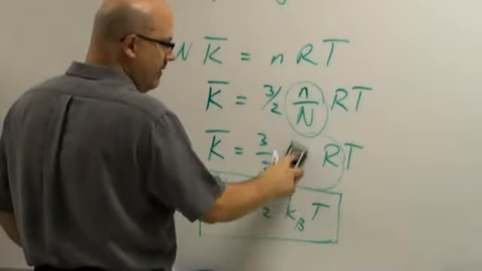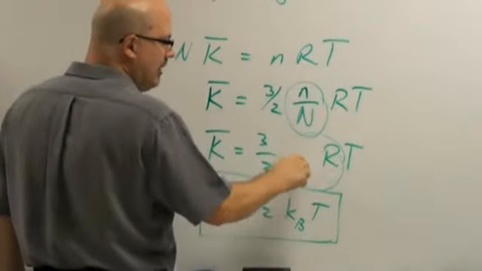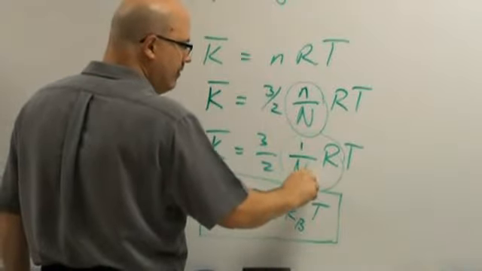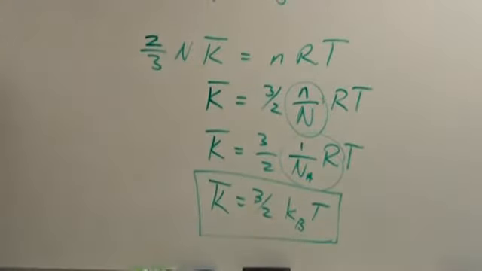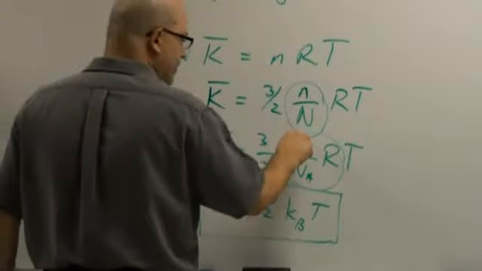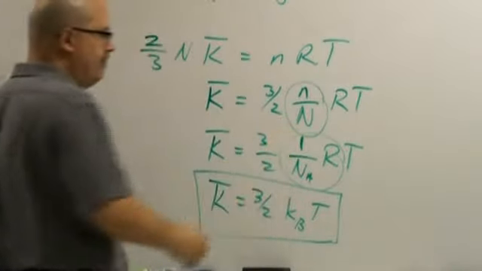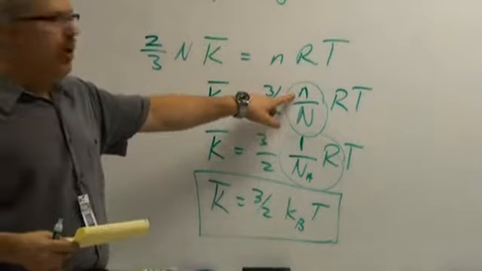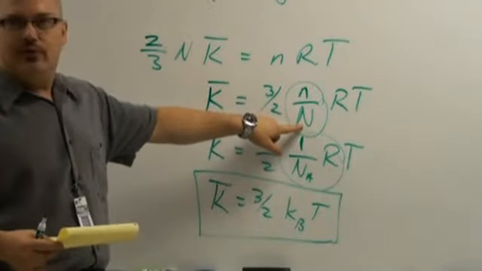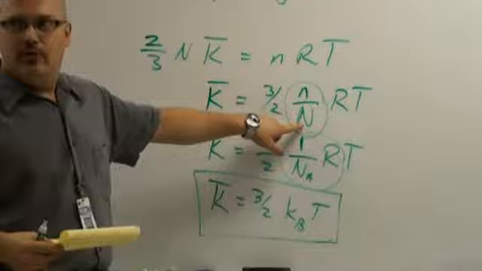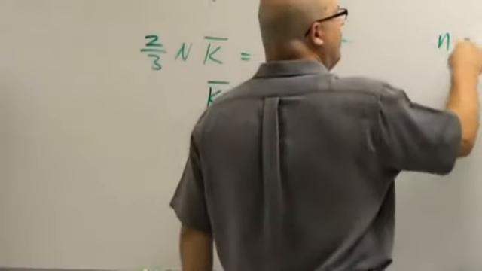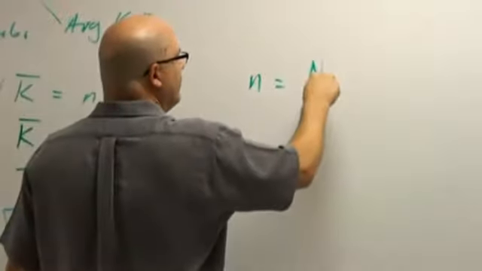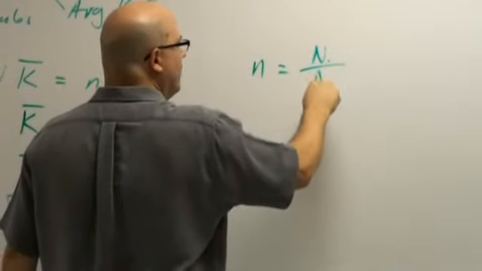Wait a minute, I got something messed up. This is not right. Number of moles divided by number of molecules is 1 over Avogadro's number. We had that backwards, or inverted. So change that in your notes, please. The number of moles equals number of molecules divided by Avogadro's number.